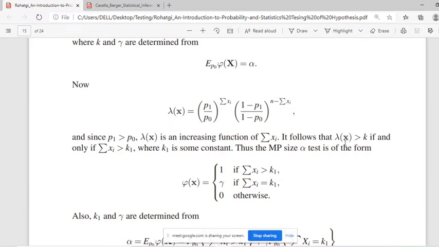Lambda x is considerably large only when summation xi is considerably large, because lambda x is a function of summation xi. So instead of writing lambda x greater than k, we can say that it is if and only if summation xi is greater than k1, where k1 is some constant.